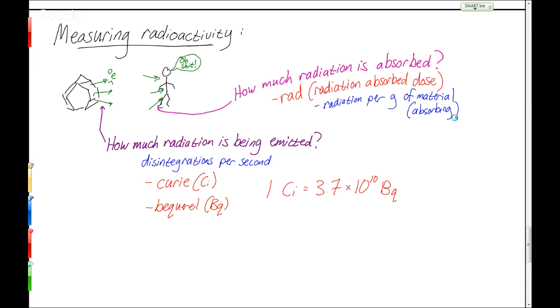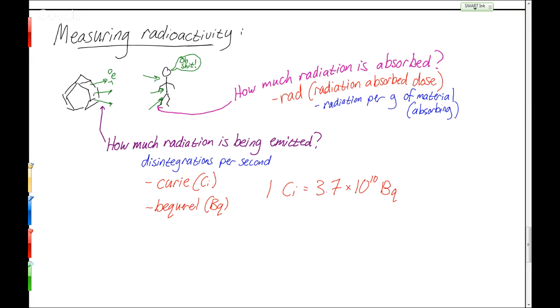There's a little bit of a problem with that measurement, though. It's a fine measurement, but it assumes that all stuff that absorbs radiation is the same, and that all radiation is the same. And that's not true. As we've talked about, some of the things are more penetrating than others, some of them are more damaging than others.